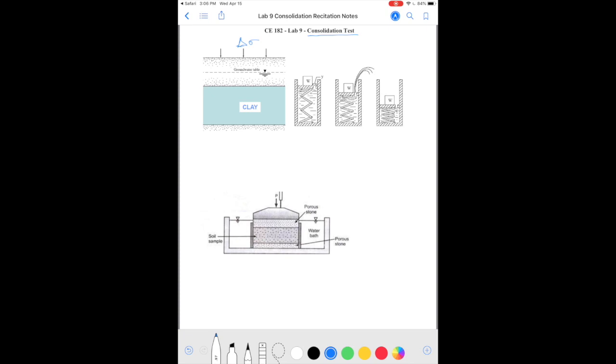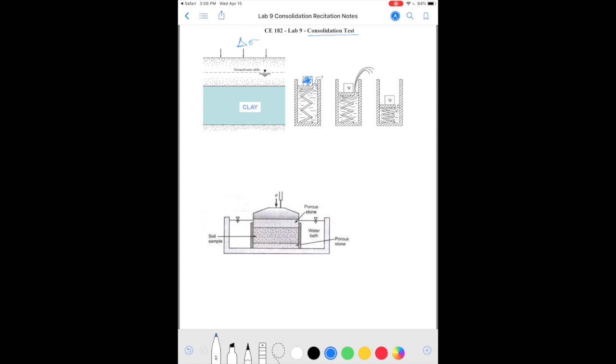But in clays, the permeability of the soil is so small that it takes a while for the water to come out. So as soon as we apply the load, or in this case, weight W, which puts some stress on top of the soil, this clay layer can be looked at as a spring and water in a chamber with a very small opening.